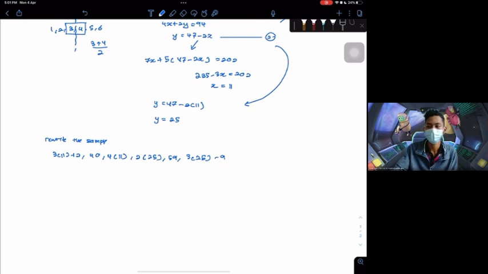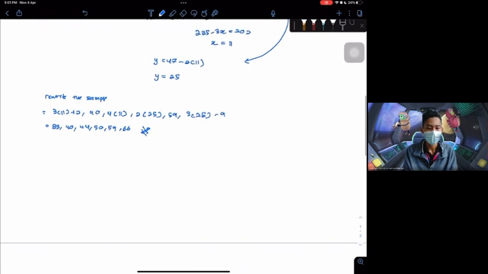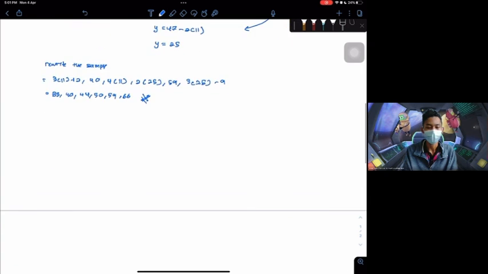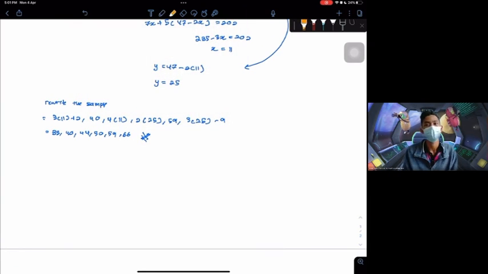So we will get 35, 40, 44, 50, 59, and 66. The way to check our answer is by looking at the question: ascending order. This is already in ascending order, which means our answer is right.